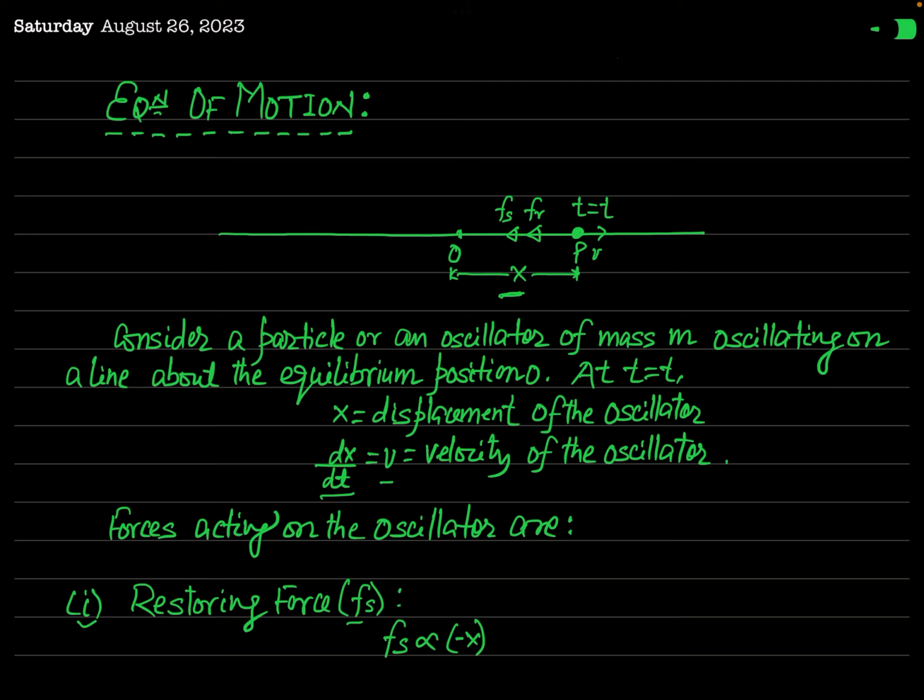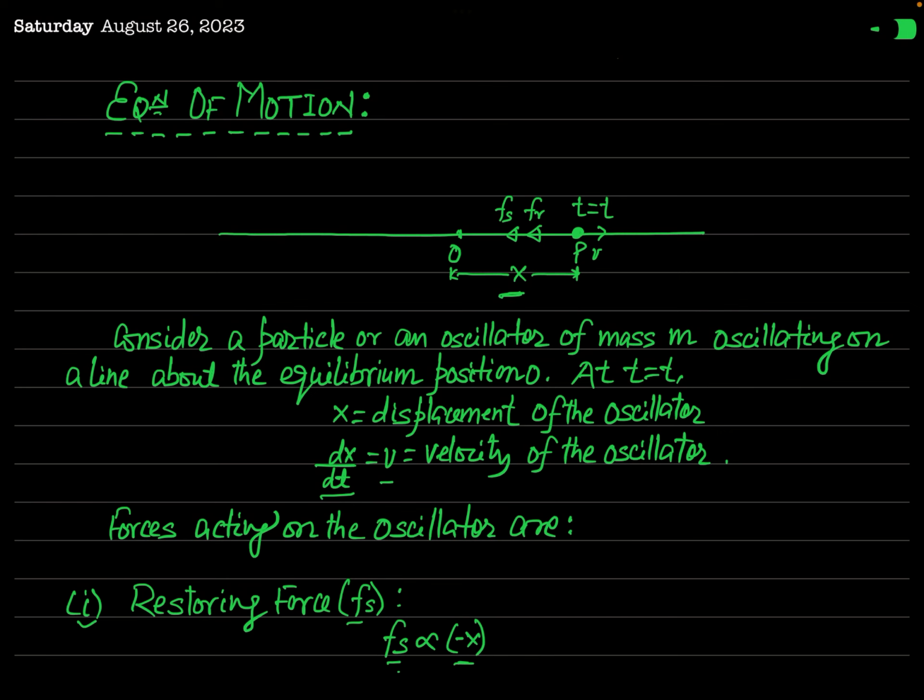It means this restoring force is directed in the direction in which this displacement x will decrease. It means the nature of restoring force is what? Its nature is to decrease x, and so mathematically you say that Fs is proportional to minus x. Actually, this minus sign only implies that this restoring force always tends to decrease x. It acts in the direction in which x will decrease, and that's why we put here a minus sign.